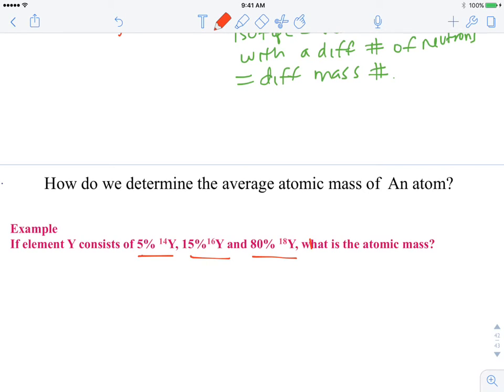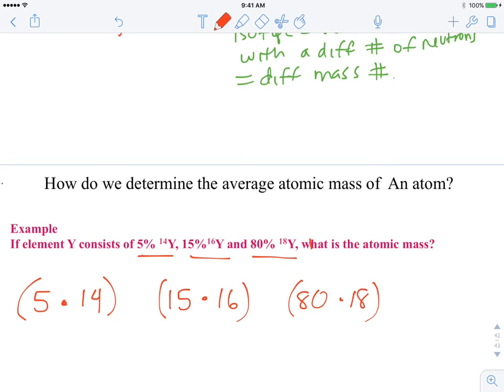This is a weighted average. I take the percent of each one and multiply it by the mass, for each isotope. I then add up my answers and divide by the total of 100%.